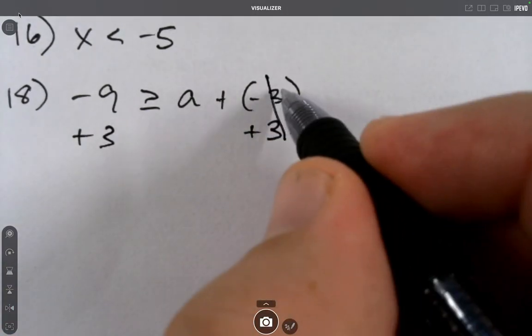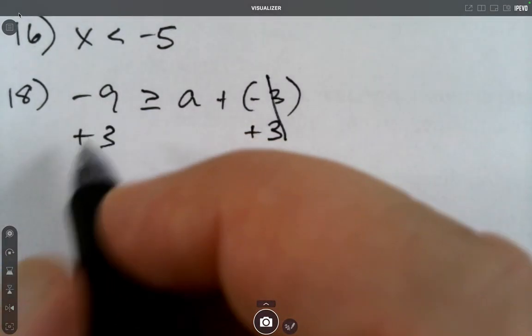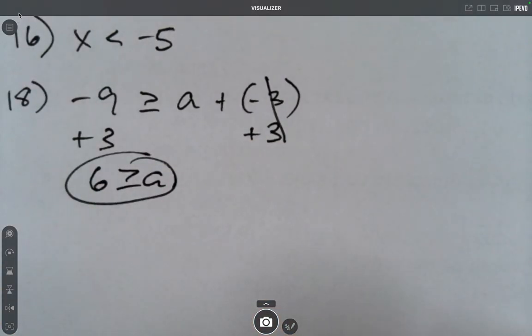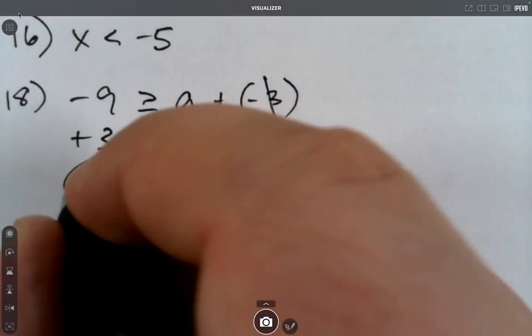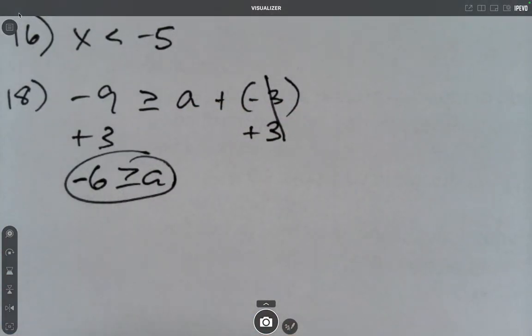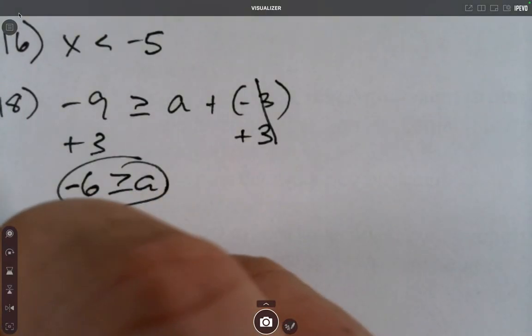So these cancel, -3 plus 3 is 0. -9 plus 3 is -6, my mistake, and that'll be greater than or equal to A.